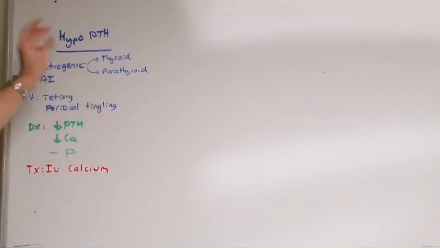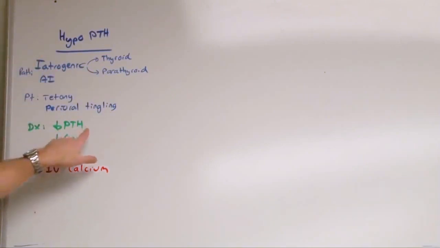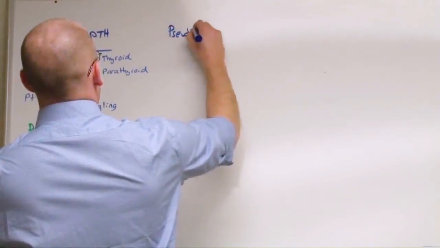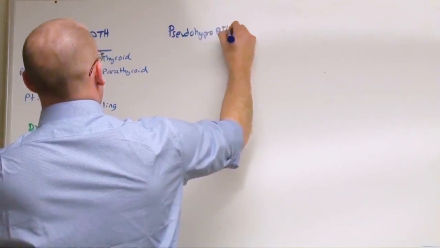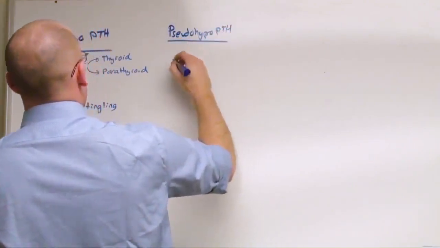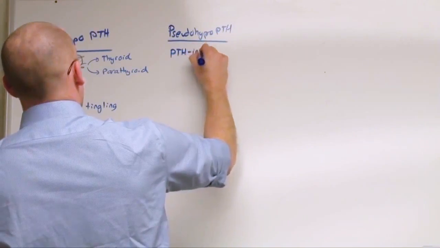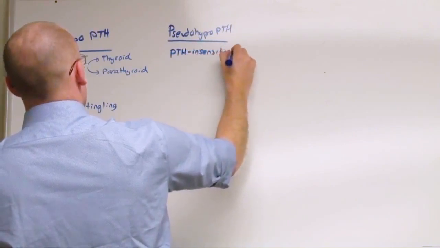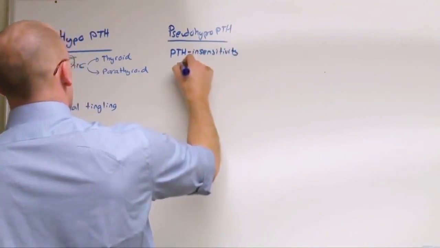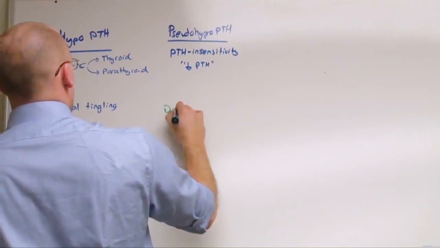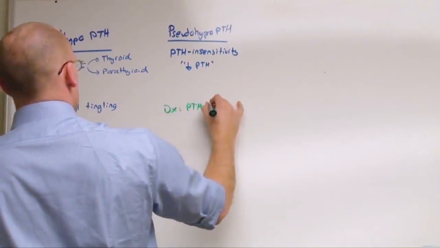But hypoparathyroidism can occur in other situations where the PTH is low, therefore the calcium is low. There is a terribly named disease called pseudohypoparathyroidism. In pseudohypoparathyroidism, there is actually end organ resistance to parathyroid hormone, insensitivity. It is as though you have a low parathyroid hormone, even though the parathyroid hormone levels will be elevated.